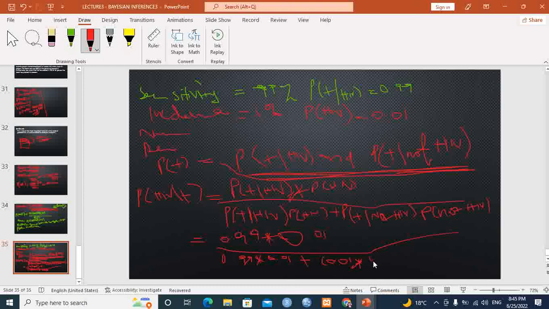So here we are going to have 0.99. The probability of not HIV is 1 minus incidence, and we have everything here.